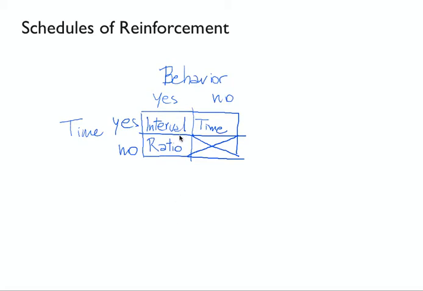So for interval schedules, we say that it is dependent on behavior and it's dependent on time. So think about when you're baking something, you're cooking something, right? You put it in the oven. It requires some behavior. You need to put things in the oven, but you need to wait 15-20 minutes for things to cook. There's nothing you can do to speed up the process in general, right?